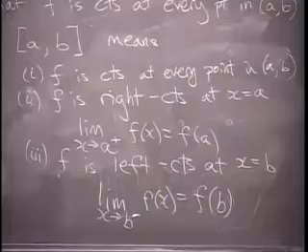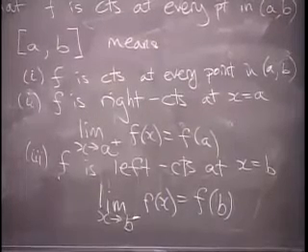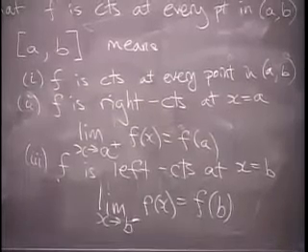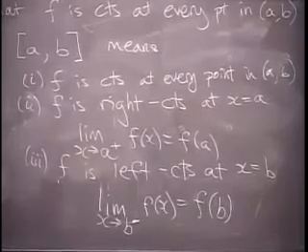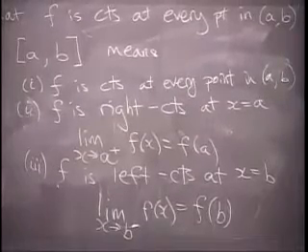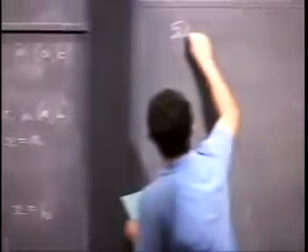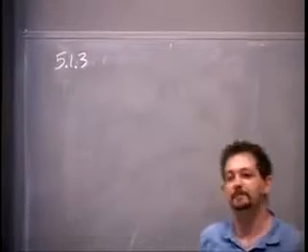We needed these definitions. Now, as you might imagine, it's a big pain to check that functions are continuous. Luckily, most functions that we're dealing with are continuous. Okay, so I'd like to look at section 5.1.3 of my book. And in there, I try to talk about examples of continuous functions.